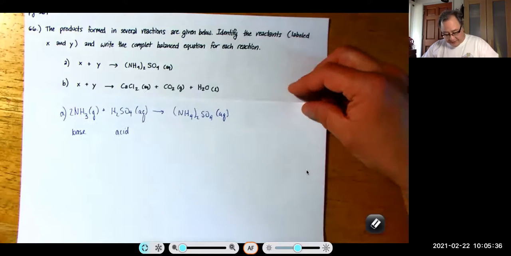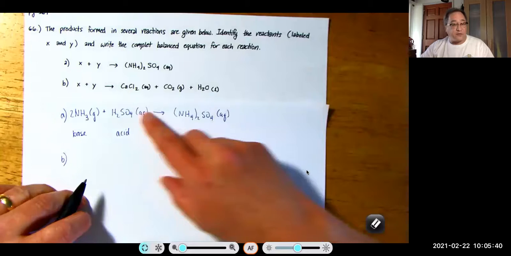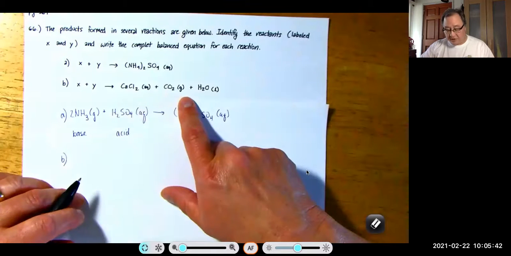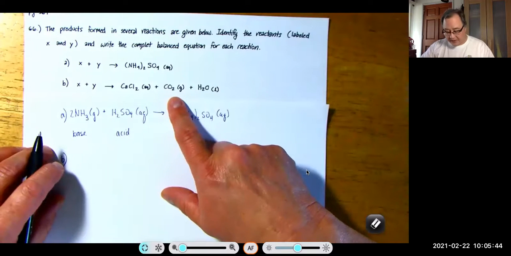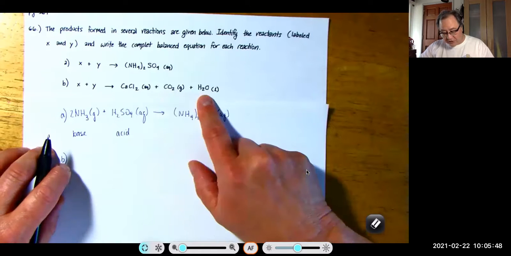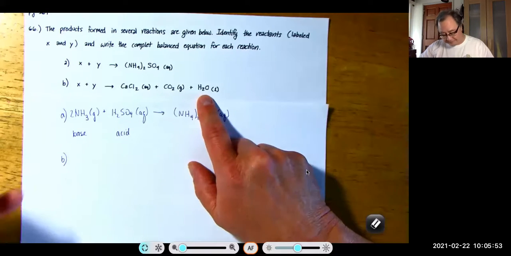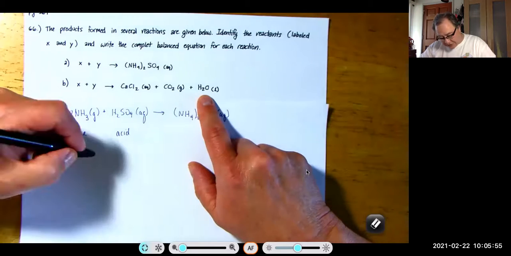Let's take a look at B. So this is definitely a gas forming reaction because we have this CO2 gas. And I know that when you get CO2 gas and H2O, you want to start with either a carbonate or a bicarbonate. So we want to start with CO3.